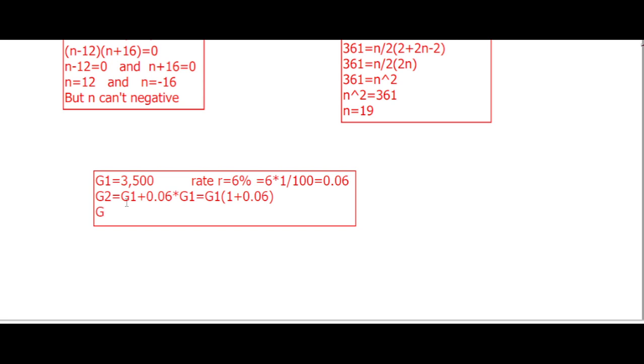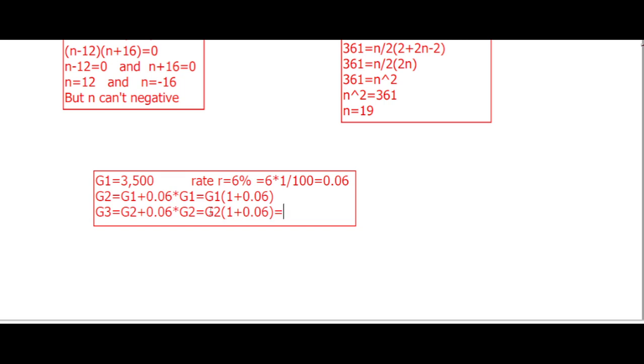For G3, which is equal to G2 plus 0.06 times G2, let's take G2 common, G2 times 1 plus 0.06.